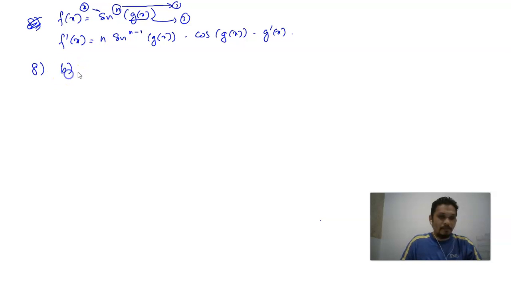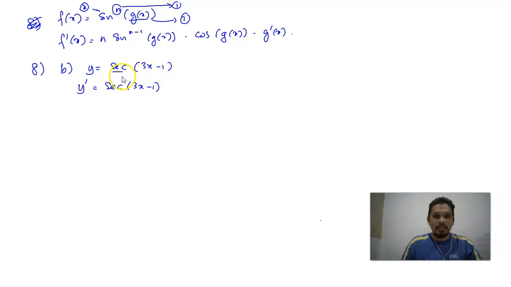Question number 8, part B. y equals secant of 3x minus 1. In this case, we differentiate the function from outside to inside. The derivative of secant is secant tangent, so secant of (3x minus 1) and tangent of (3x minus 1). Please refer to the formula in your lecture notes.